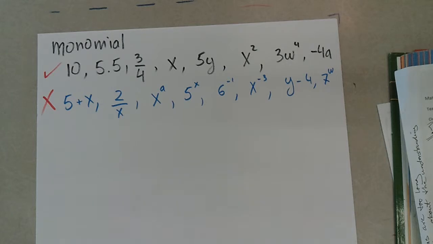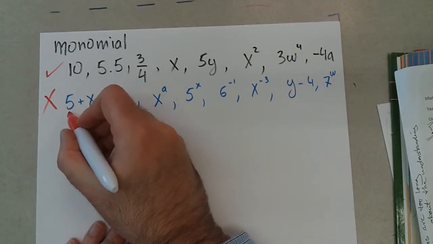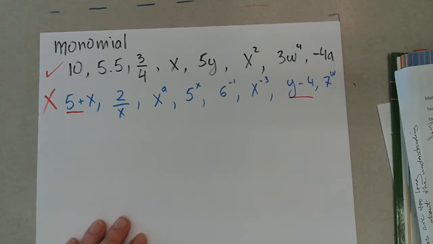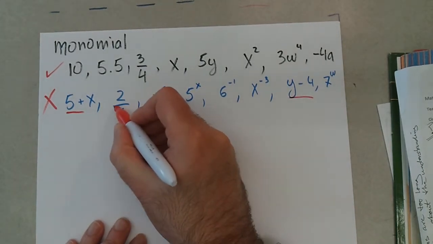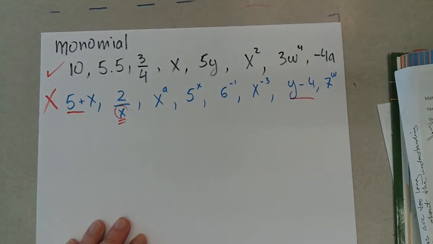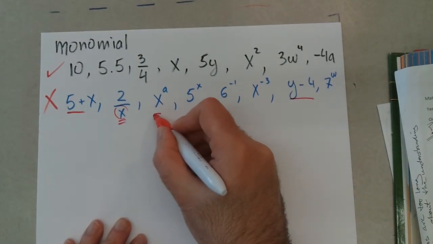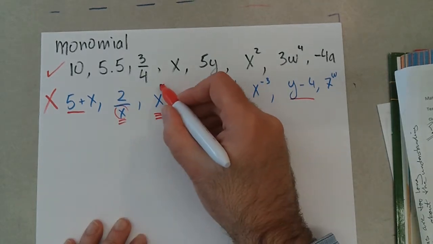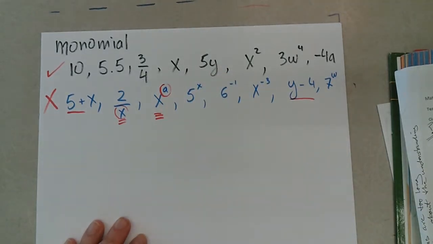So again, the rule is no addition or subtraction between the members. Can't have a variable in the denominator. Can't have a variable as an exponent.